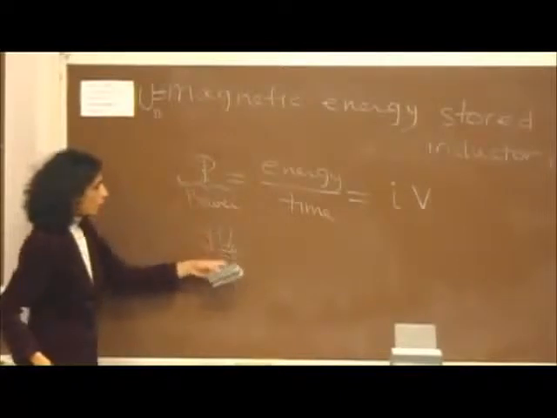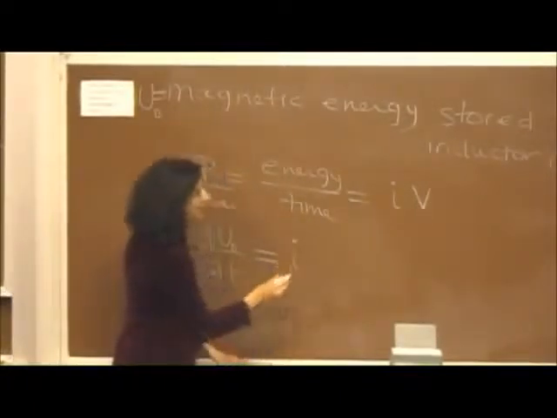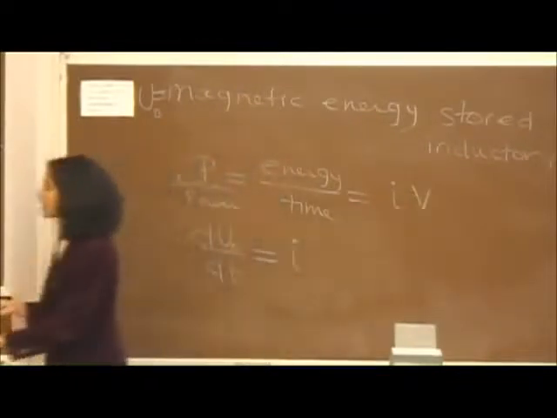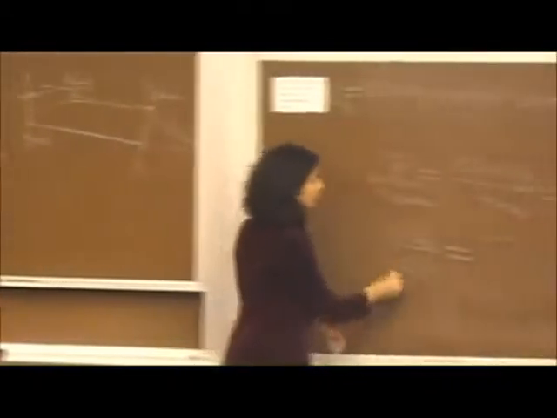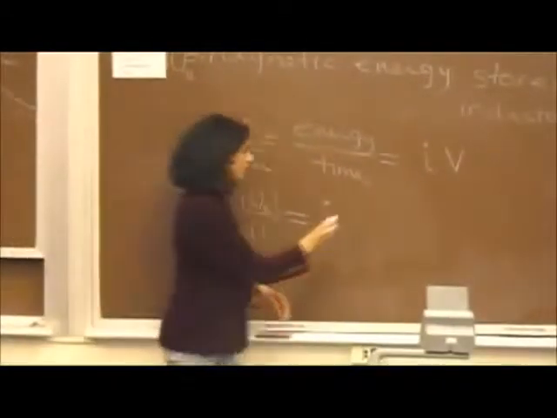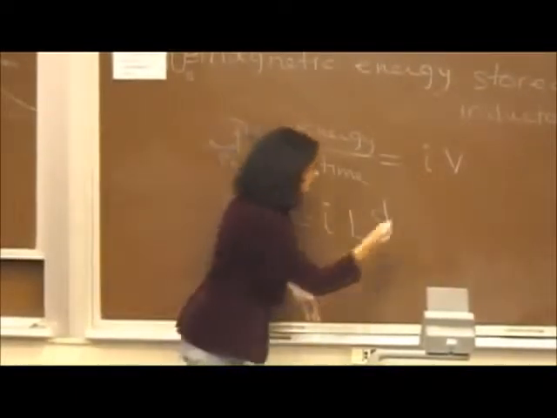So power is dU/dt, magnetic energy per unit time, and that should be equal to the current in the inductor times V. And V, we can see, is L di/dt if I don't worry about the sign. I'm not going to worry about the sign because I'm not interested in the direction of induced current or things like that.